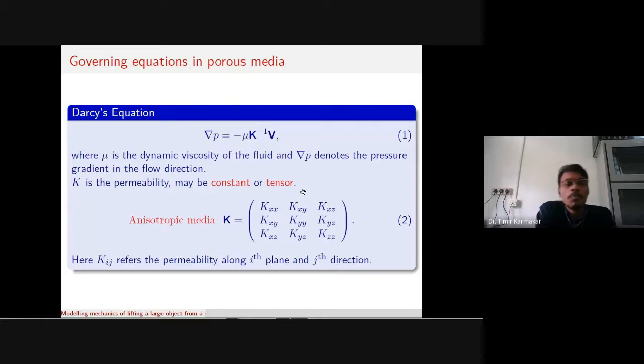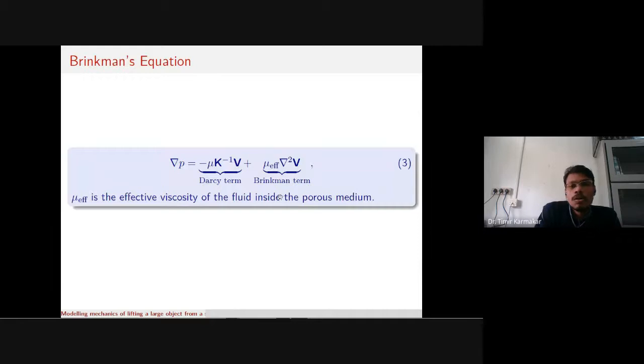Later on, some modification was done by Henry Brinkman. He added an additional term, which is called the Brinkman term. The Darcy equation doesn't include the viscous term, but Brinkman's modification includes the Brinkman term to account for the viscous effect.